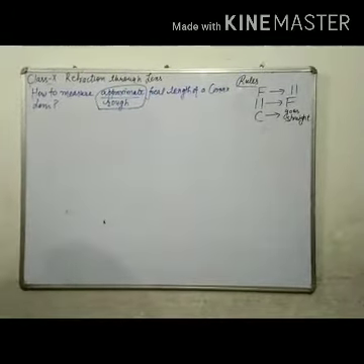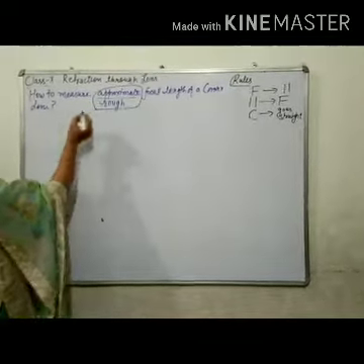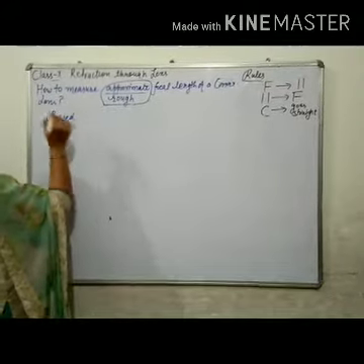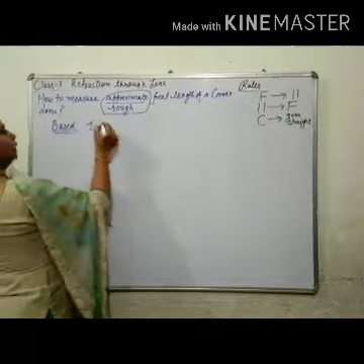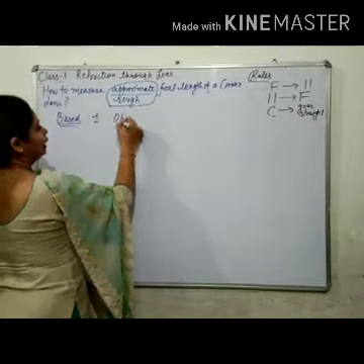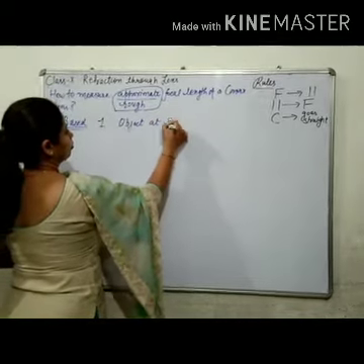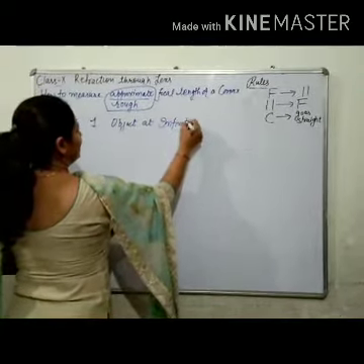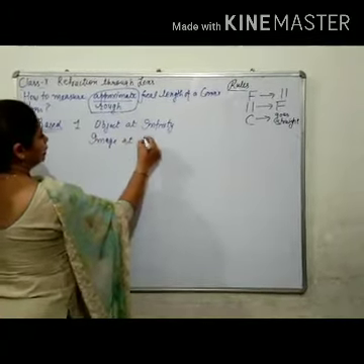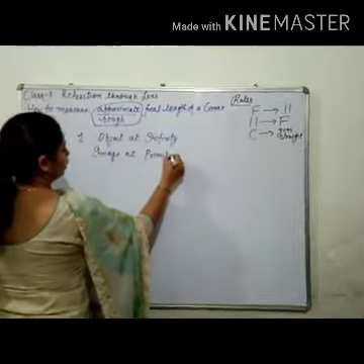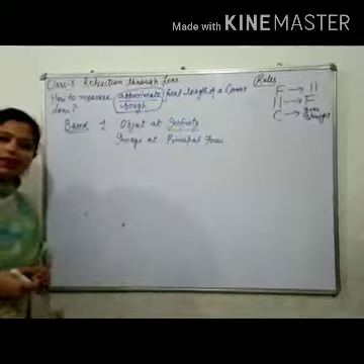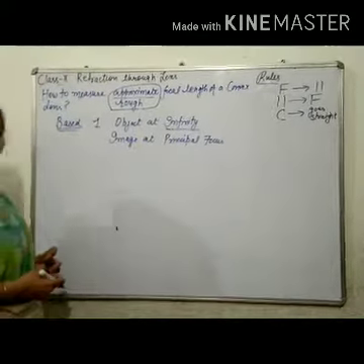The trick to measure rough or approximate focal length of a convex lens is based upon the first property: when an object is located at infinity, then its image is formed at principal focus. What does it mean? For the object which is located at infinity, image is formed at focus.